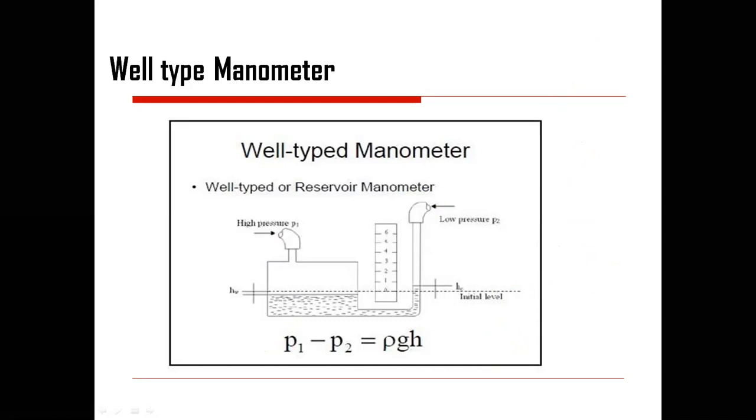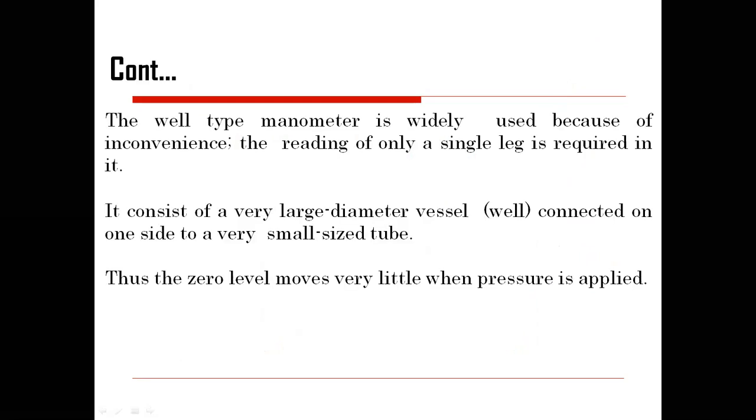This one is commonly used in industrial applications and is widely used because of convenience: the reading of only a single leg is to be measured. That is, we are not measuring the variation of the well, but we are measuring with the smaller diameter tube for the height.